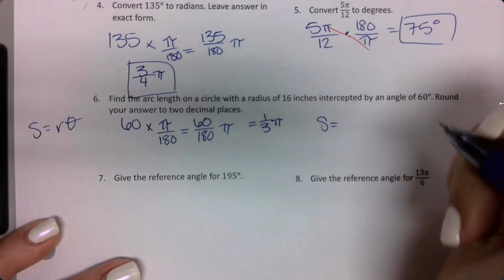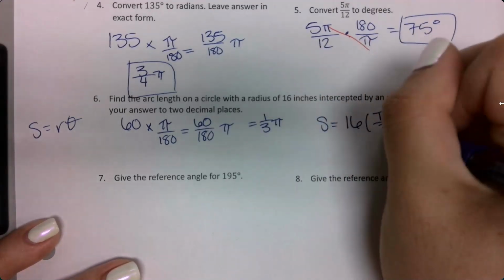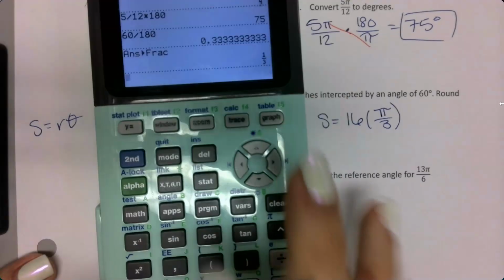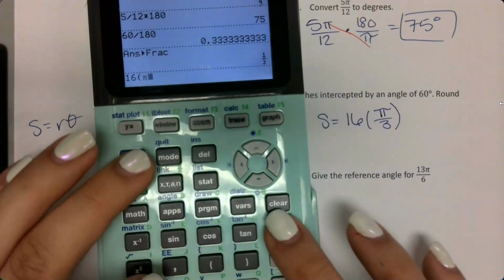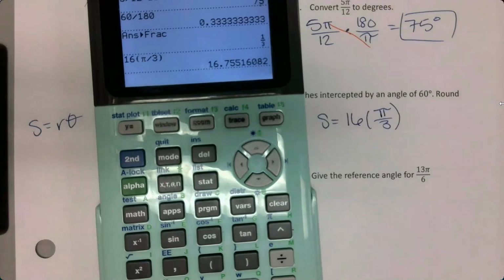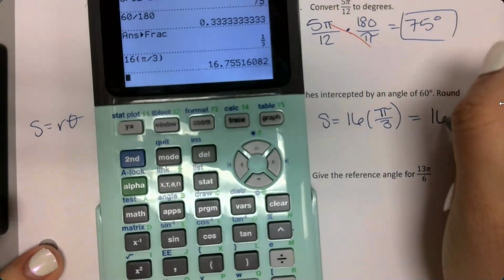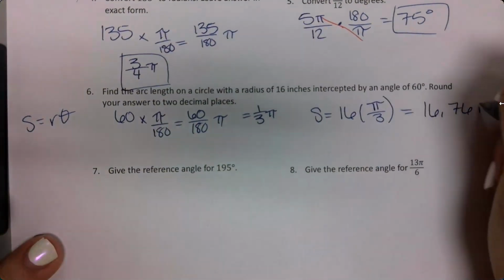So I'm going to plug into my formula. S equals 16 times pi thirds. This time I actually want to type this in because it wants me to round it to 2 decimal places. It gets me 16.76. This is measuring in inches.